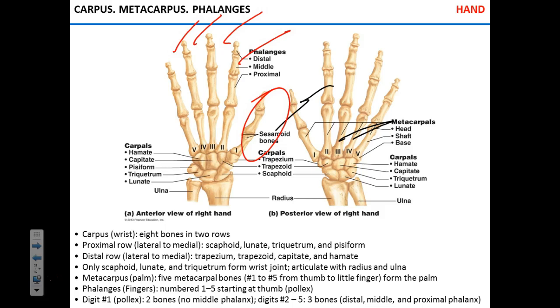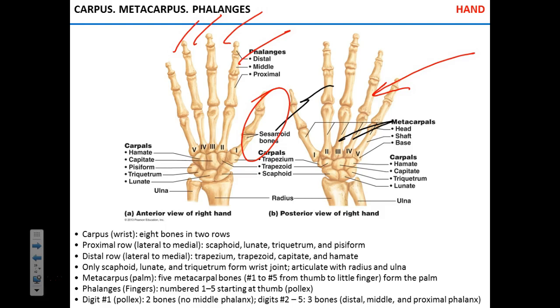Does that make sense? So you have 3, 3, 3, 3, 12, and 2 more, 14 phalanges. Does that make sense? So I point at, say, this one, and you tell me what it is. The number comes first. 4th medial phalanx. That's it. Simple.